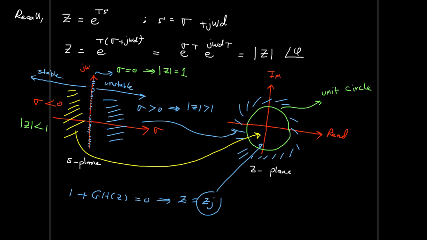If at least one pole is located outside the unit circle, then the system will become unstable. If we have a simple root on the j omega axis, which is mapped to the unit circle, so if we have a simple root on the unit circle, then the system will be critically stable. So let's highlight it here.